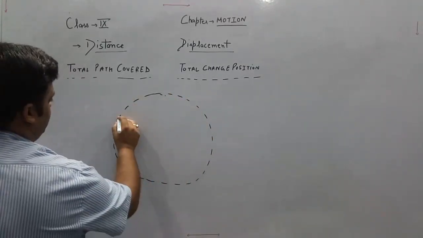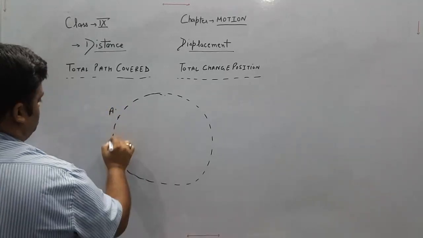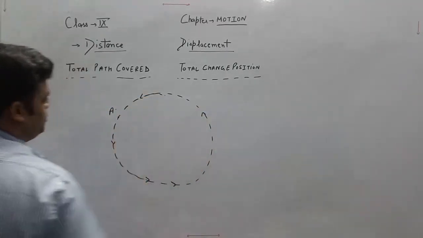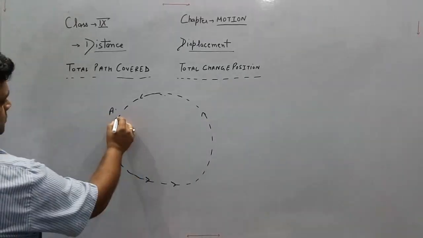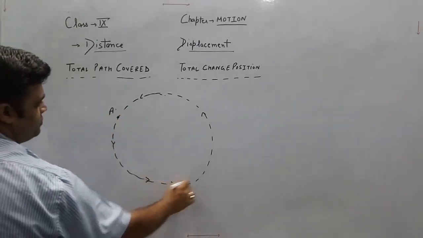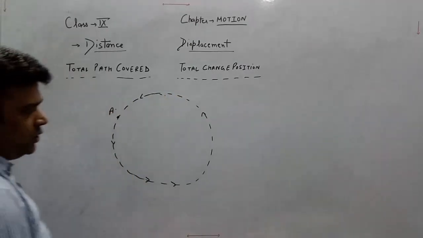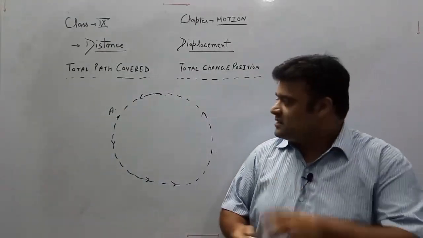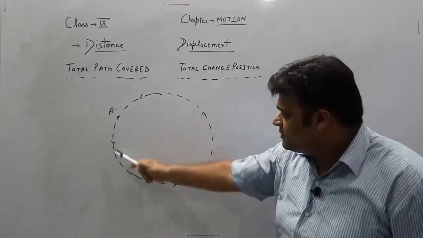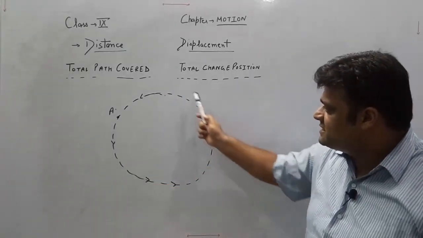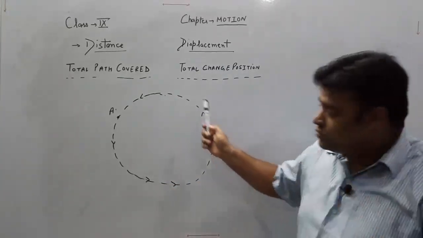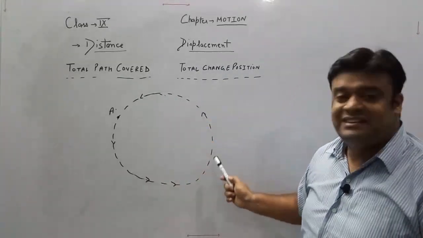From position A, the object moves and again reaches position A. What is the distance in this case? Distance is the circumference of the circle. This total path is known as distance.